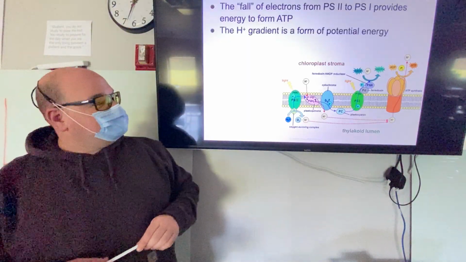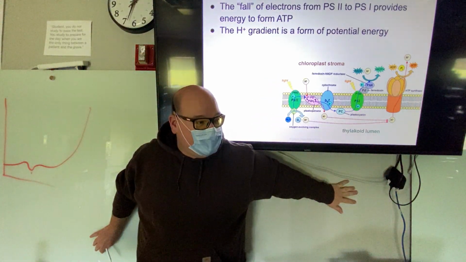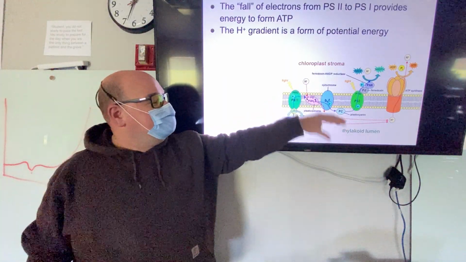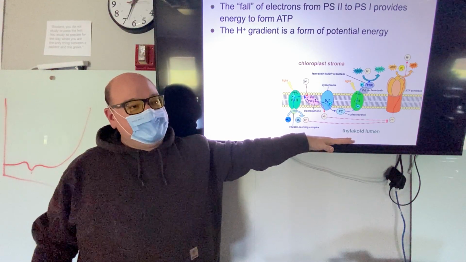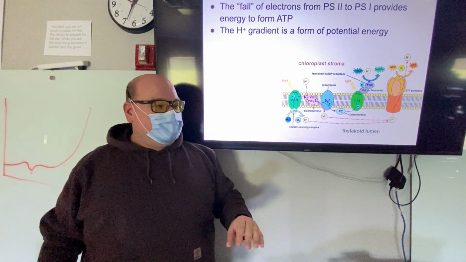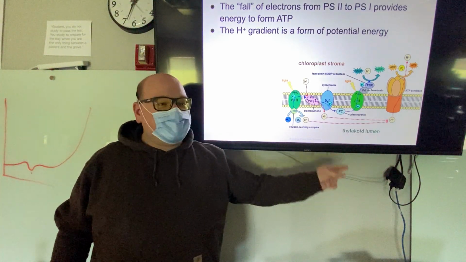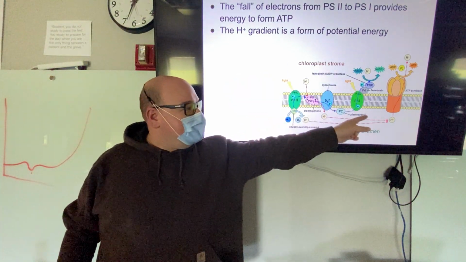Okay, so what we get is what I was talking about when I say hold back the wall. We get a hydrogen gradient. Hydrogen piled up on one side of the thylakoid gives that potential. It's almost like a dam holding back a river. And when hydrogen goes through a water wheel, it can spin that enzyme up.